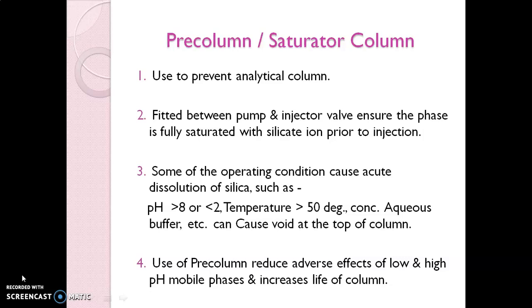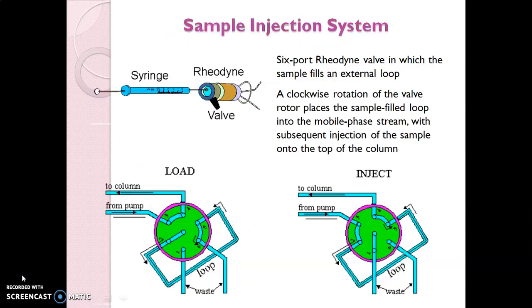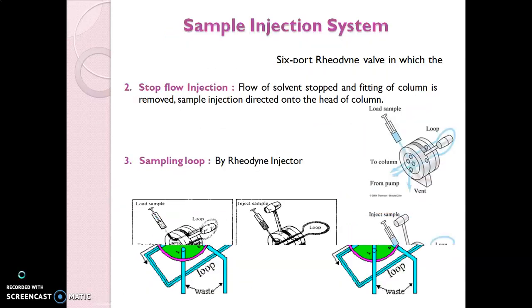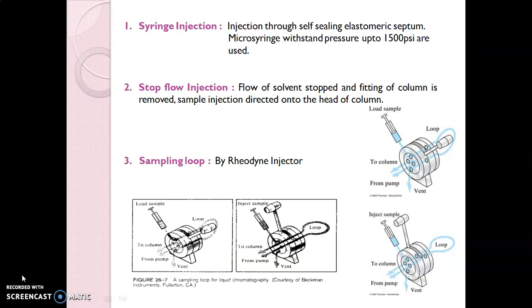So use of the PreColumn reduces the adverse effect of low and high pH mobile phase, and ultimately it will increase the life of the column. Then next is the injector. Three types of injectors we are using: syringe injector, stop flow injection, and rheodyne injector. So what is happening with the syringe injector?